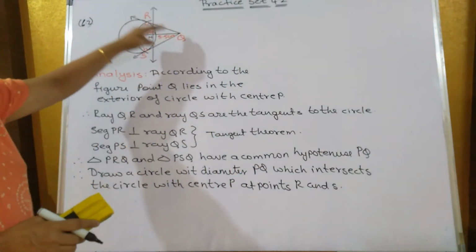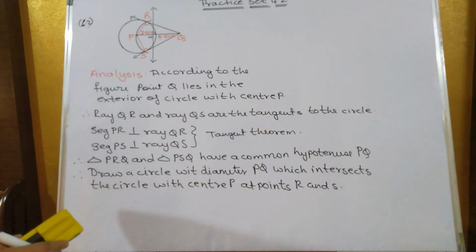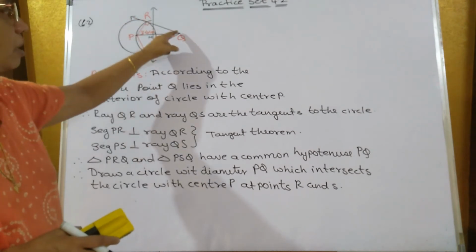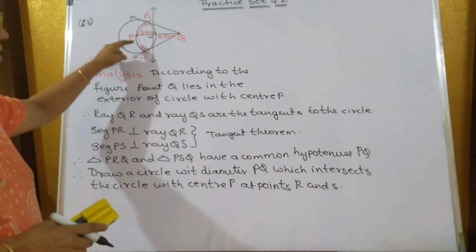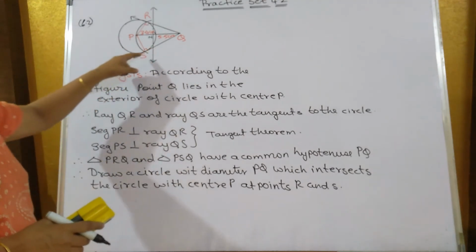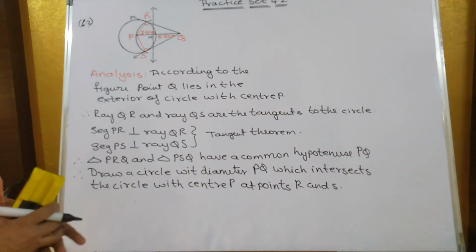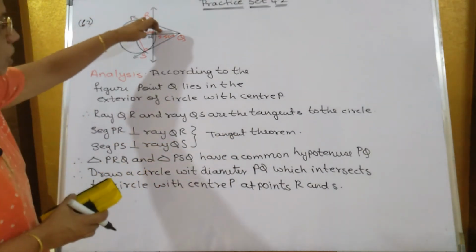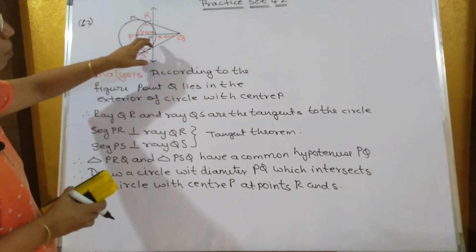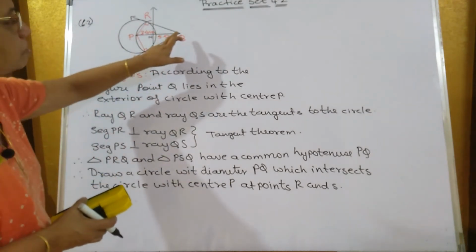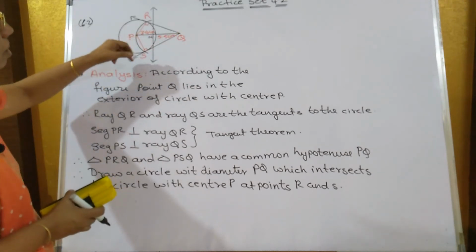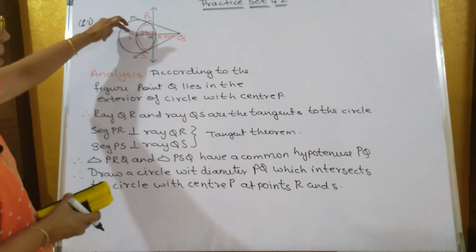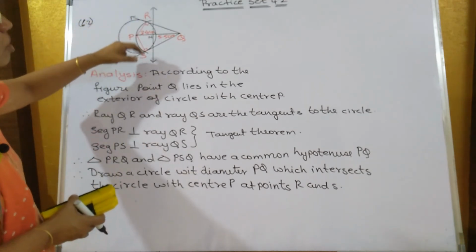Ray QR and ray QS are tangents to the circle, and segment PR is a radius, so PR is always perpendicular to ray QR, and PS is also a radius, so PS is also perpendicular to ray QS. We know that a radius is always perpendicular to the tangent, so according to the tangent theorem. And triangle PRQ and triangle PSQ both have a common hypotenuse, that is PQ. So using PQ as a diameter, draw the circle which intersects the circle with center P at the points R and S. So the required tangents are what?